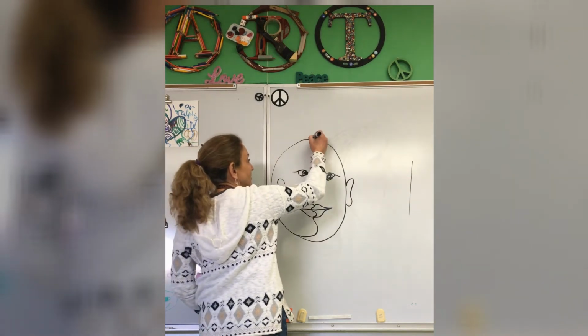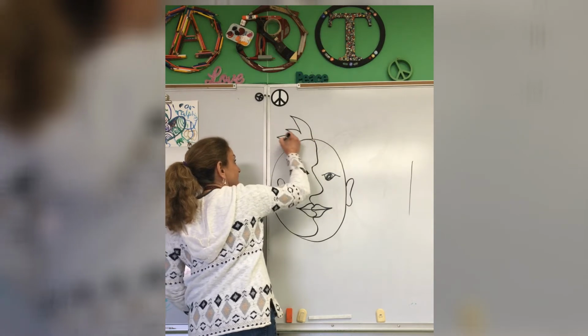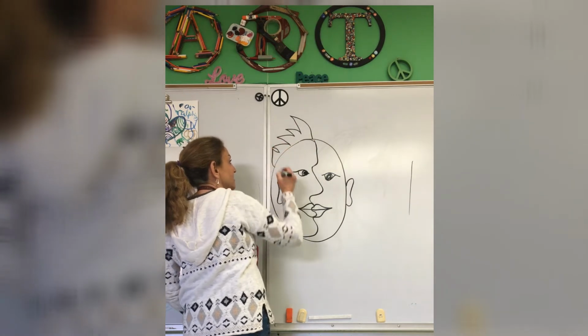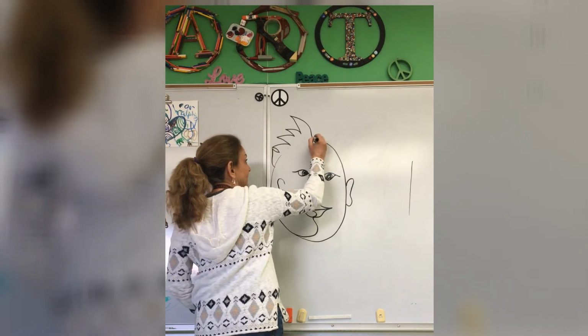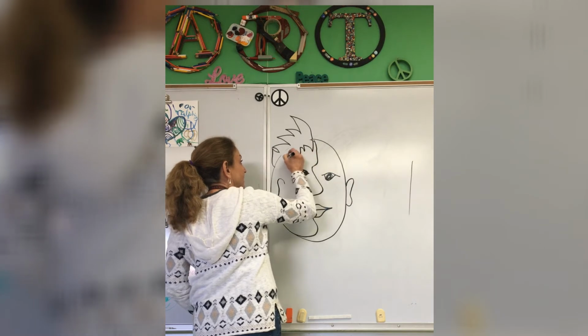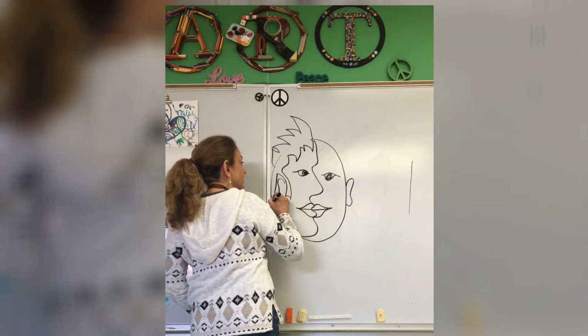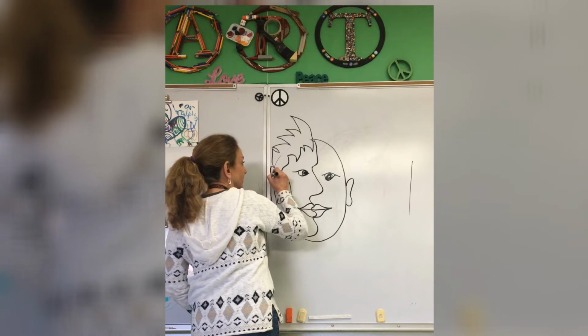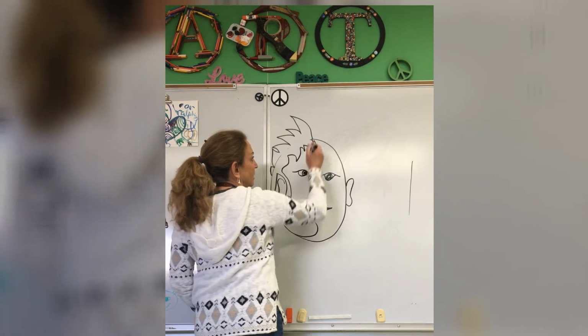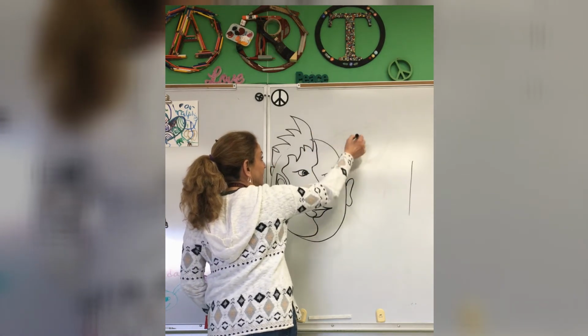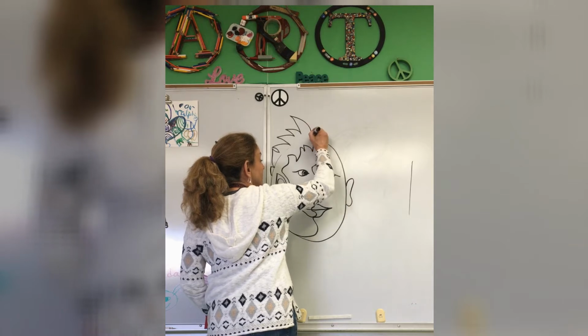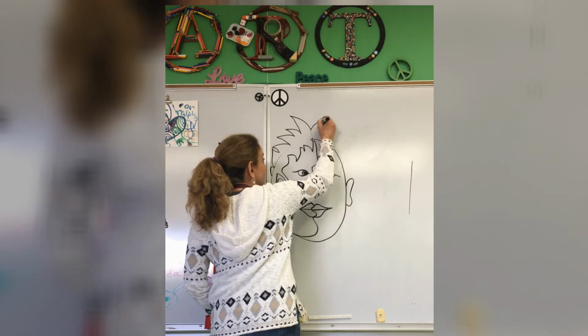Then I'm going to say show some contrasting hairstyle. Maybe this person has some butch kind of zigzag hair thing going on. Okay. And I ran out of room a little bit there. And then what kind of contrasting hairstyle do you want on this side?